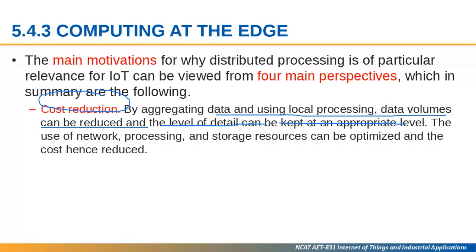In that case, most of the processing can be done on the smart device itself. What it needs to do is just provide one number every hour, for example, so that the communication load is low, and the data center does not need to store that much data.